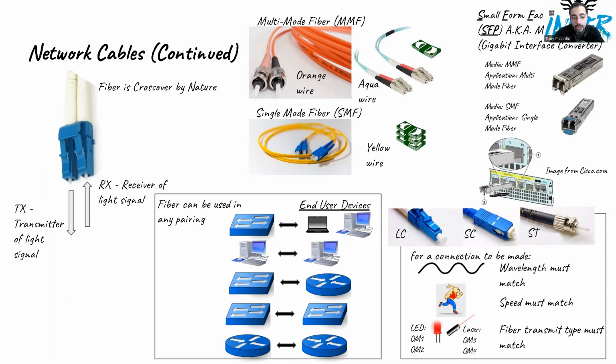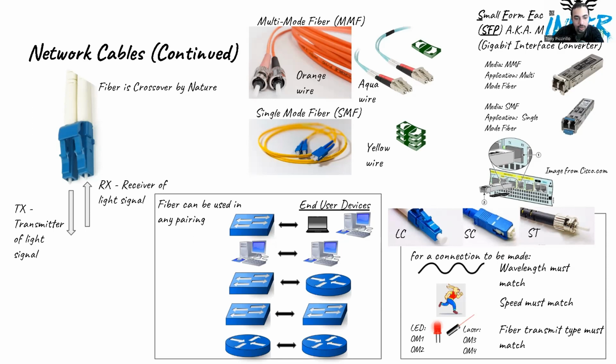So OM1 and OM2 are used for longer distances. OM3 fibers are newer with speeds of up to 100 gigabits per second. OM4 fibers are the newest and highest performing with speeds of up to 100 gigabits per second. So OM3 and OM4 are faster, but are used for shorter distances.